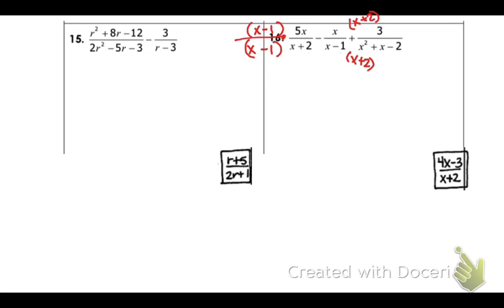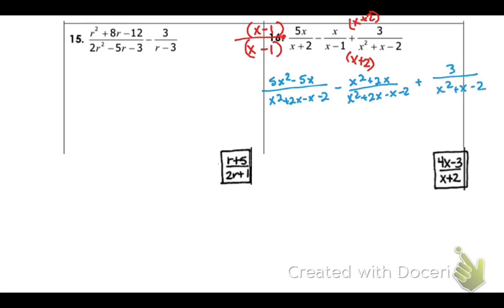So now let's distribute everything. We get 5x squared minus 5x all over x squared plus 2x minus x minus 2, minus x squared plus 2x all over x squared plus 2x minus x minus 2, plus 3 over x squared plus x minus 2.